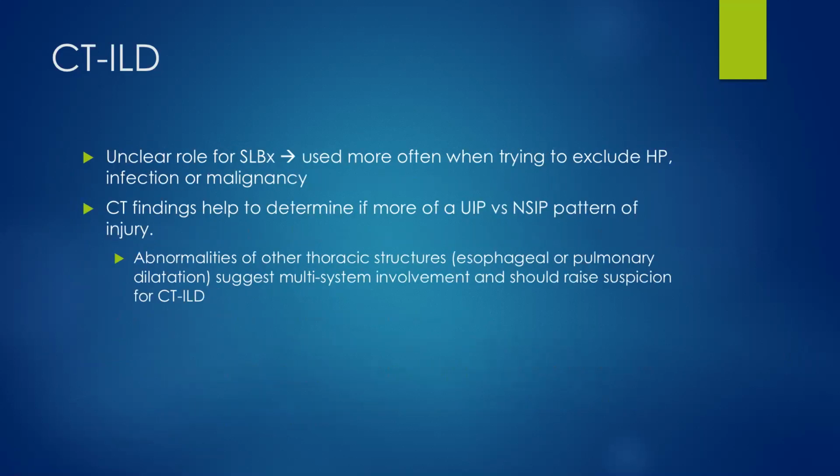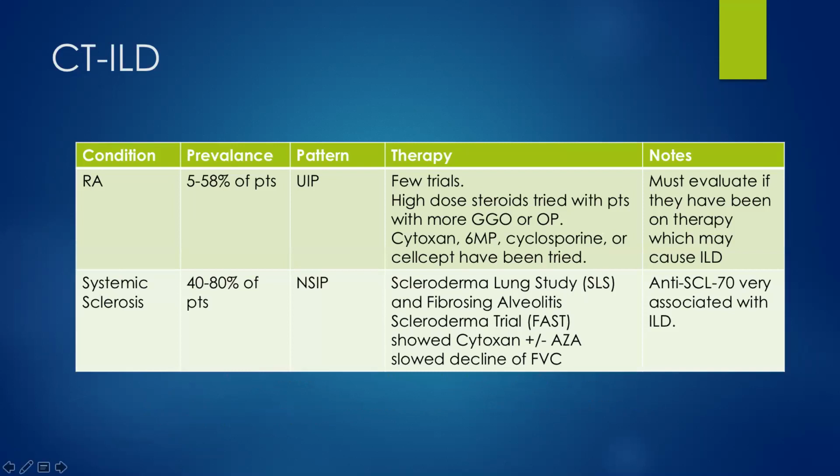The only one that really has an IPF or a UIP pattern, so it looks like IPF, is usually rheumatoid arthritis. That's the classic one, where you see somebody who looks like they have an IPF-like pattern, but you do their blood test and it actually shows they have rheumatoid arthritis.